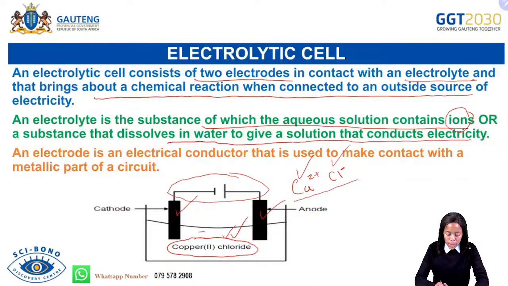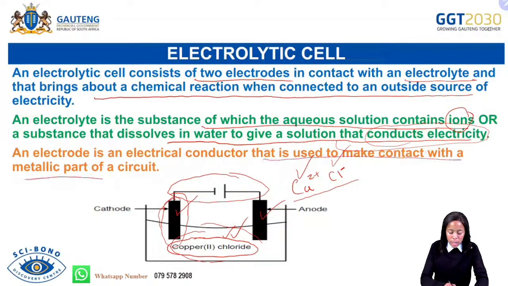So this substance will then dissolve in water, and that is to give us a solution that will be able to conduct electricity. And then it says an electrode is an electrical conductor. So again, electrical conductor that is used to make contact with the metallic part of the circuit there.